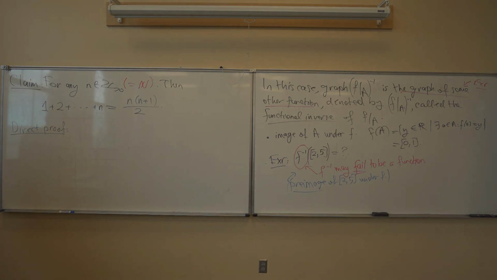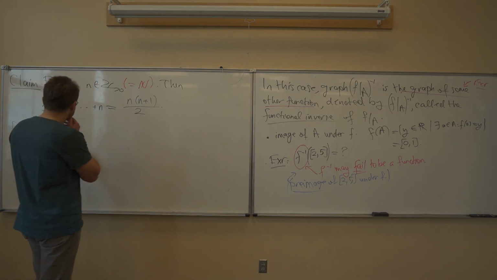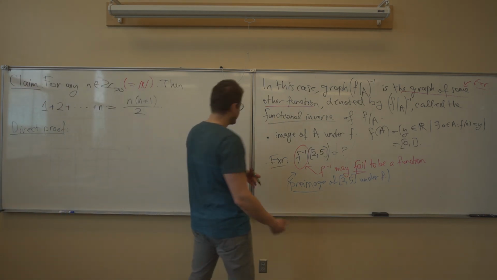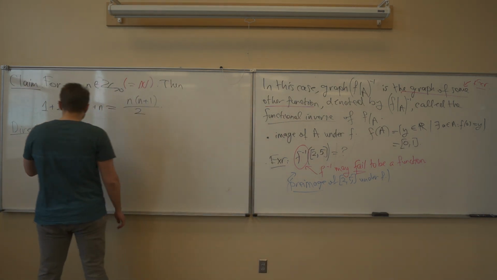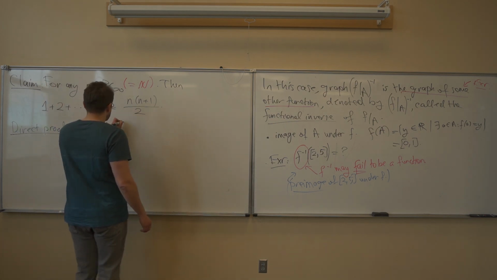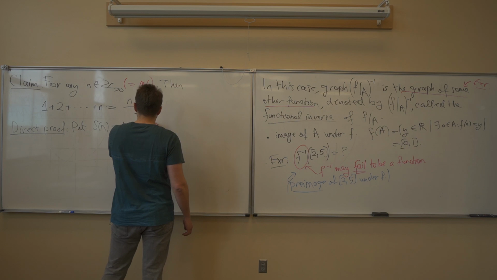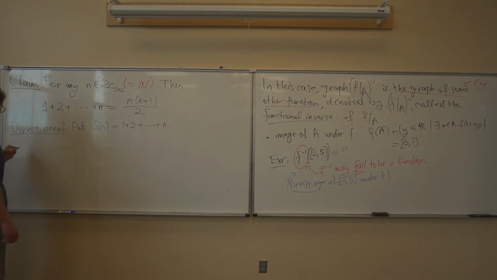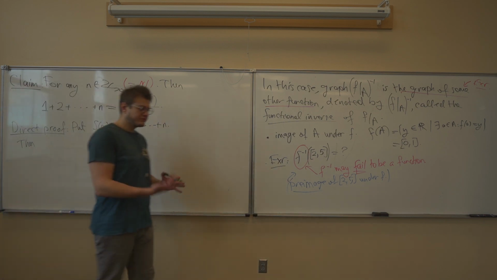Well, let me do this. Let me define the left-hand side to be, let's say, S of n, sum of n in a sense. Then you see now I'm going to do some bizarre things.